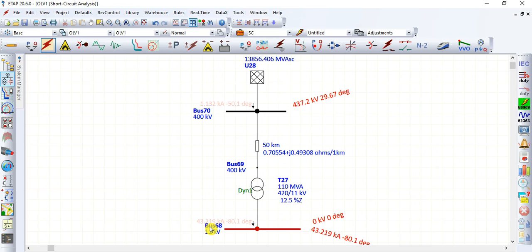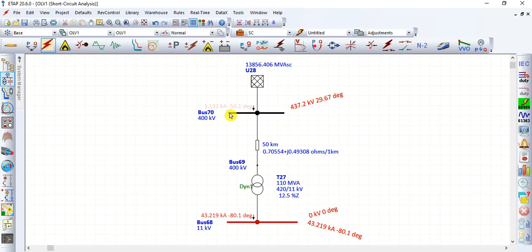So this is 43.219 kiloampere short circuit current. We have created the fault here in this bus, transformer secondary side bus, and the short circuit current is 43.219 kiloampere.